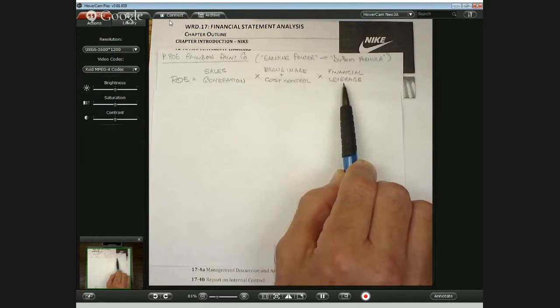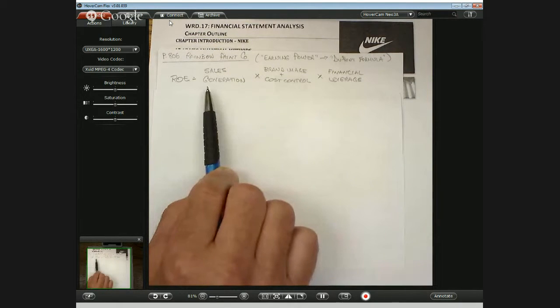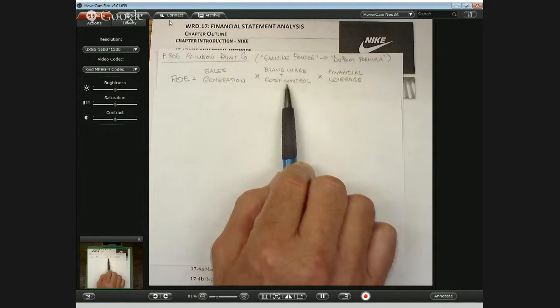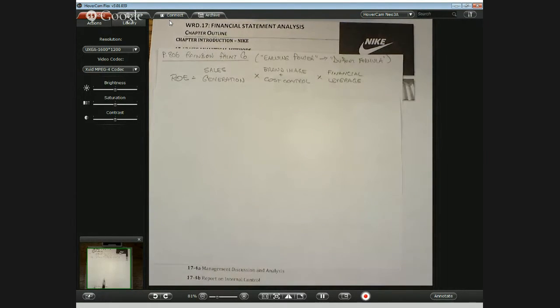And as we learned in chapter 14, being smart in the way it finances through debt. And we showed you that depending on profitability, sometimes borrowing more can increase a company's profitability. That is known as financial leverage. So a company's earning power depends on three things: sales generation, brand image and cost control, and financial leverage.